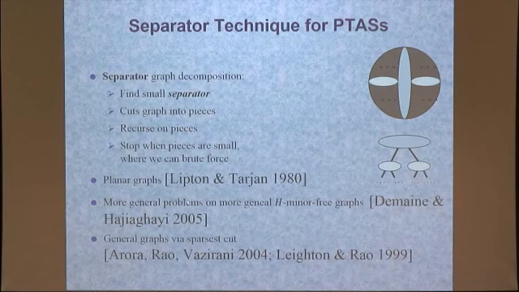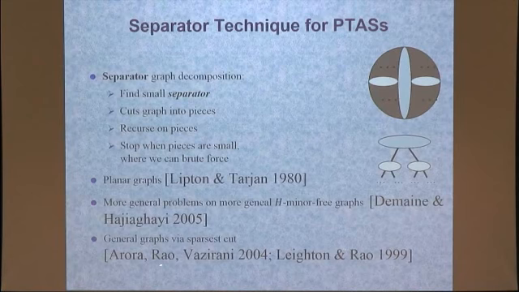And this is essentially the idea of lots of algorithms, including the planar graph PTASs, Lipton-Tarjan, and a more general problem that we could do for H-free graphs, and also this work of Lee or Arora-Rao-Vazirani. All of them are essentially doing that.